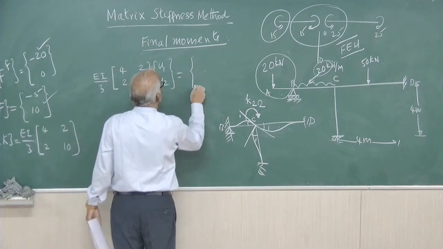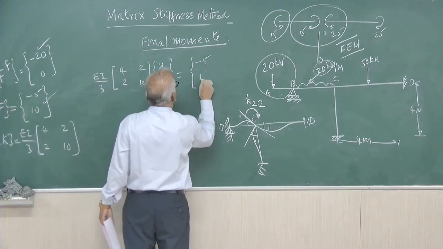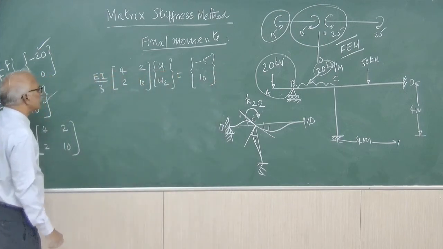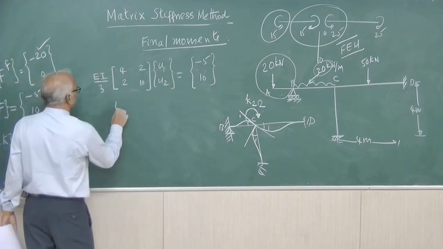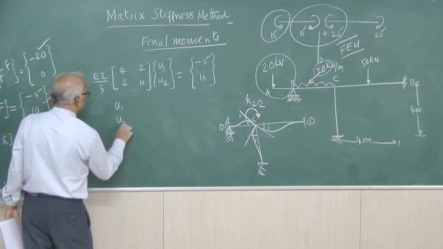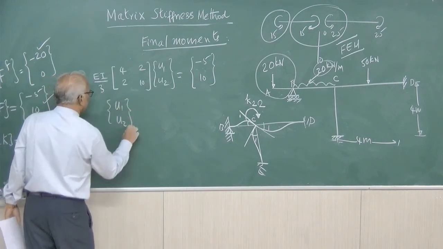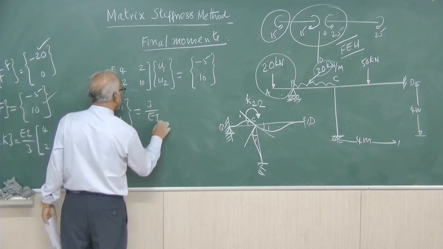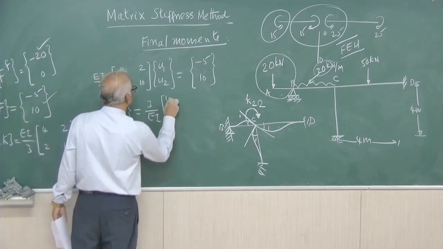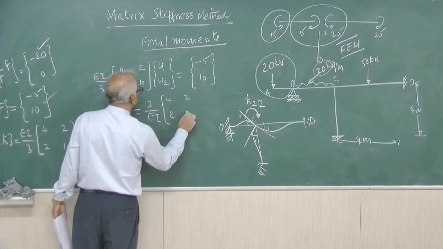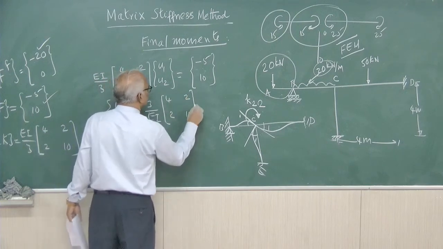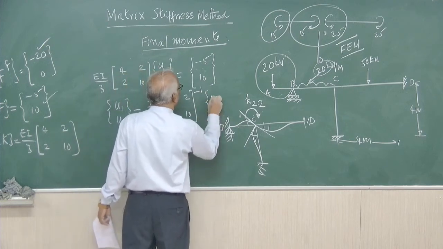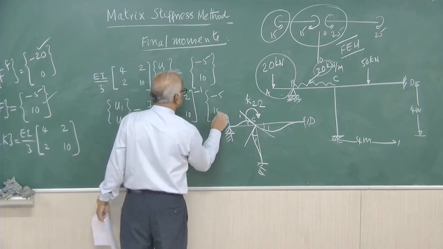After all simplification, this is minus 5 and this is 10. This is the right hand side. So, solving this, U1, U2 equal to 3 by EI, the inverse of this matrix into minus 5, 10.